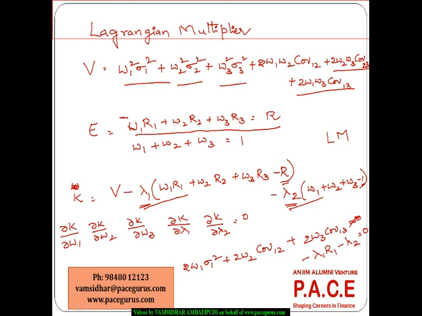So if I simplify this, I'll get an expression 2W1 sigma 1 squared plus 2W2 covariance between 1, 2, plus 2W3 covariance between 1, 3, minus lambda 1 R1 minus lambda 2 equal to 0.